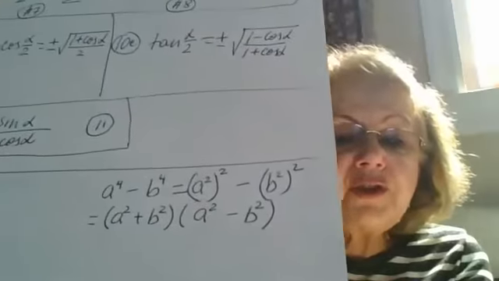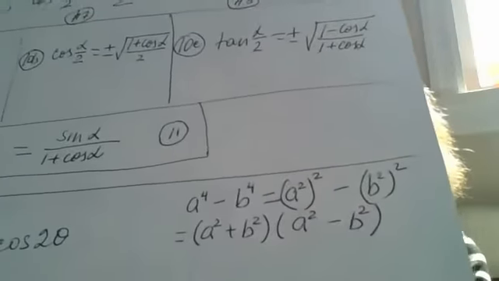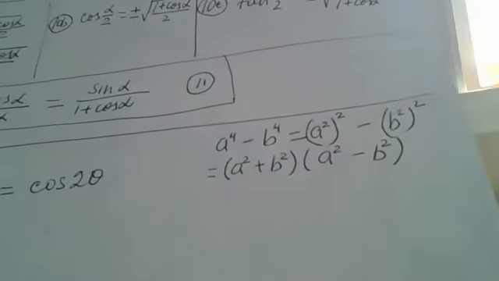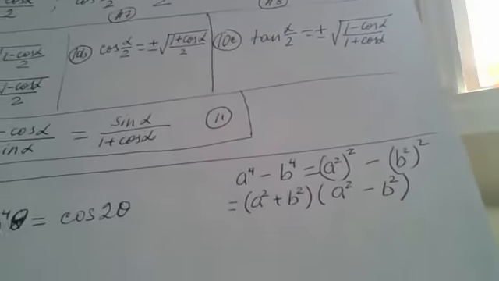Instead of b, we have b squared, but we can apply that formula. This is why we can factor it as a squared plus b squared times a squared minus b squared. Why? Because I applied the difference of 2 squares formula.